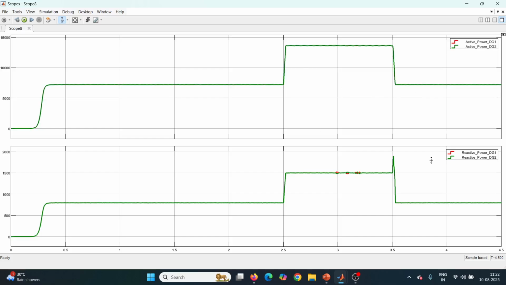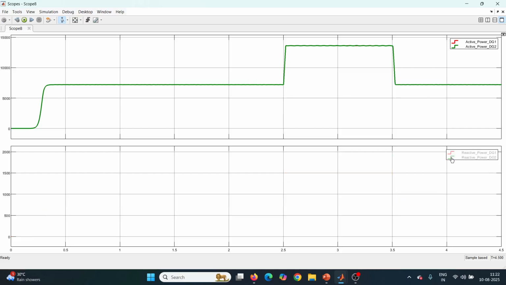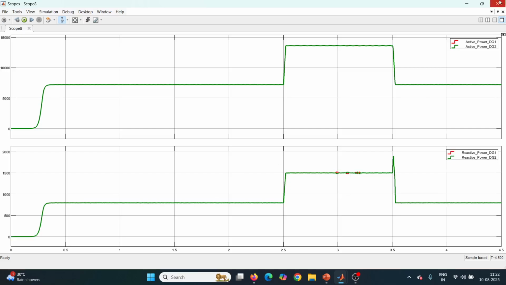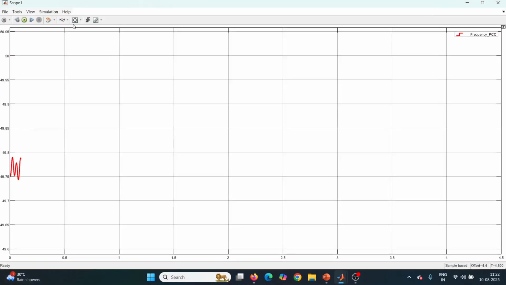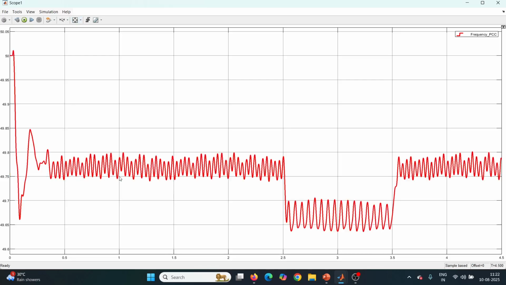The top one is for active power and the bottom is for reactive power. Now we can see the frequency response. The frequency response is faster, but it has some oscillations due to non-linear oscillator dynamics. And you can see the frequency drops when power demand increases.